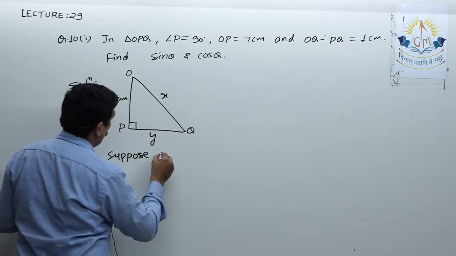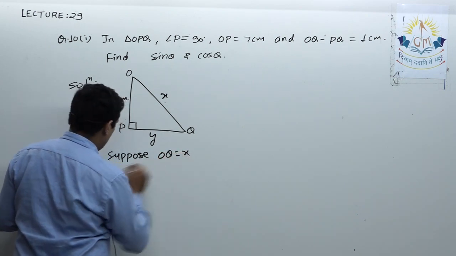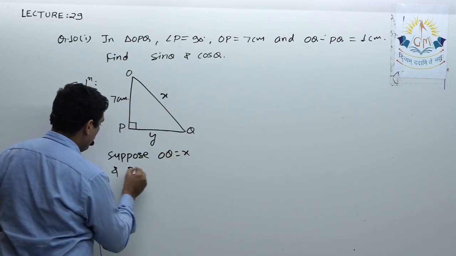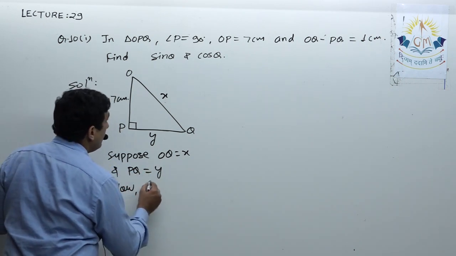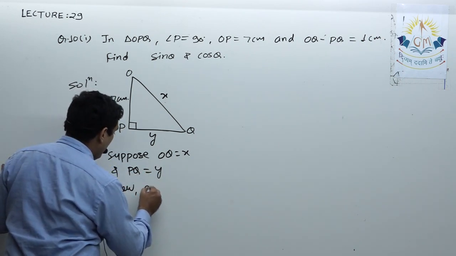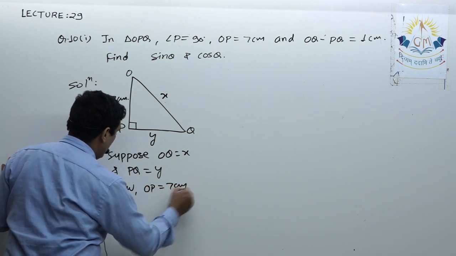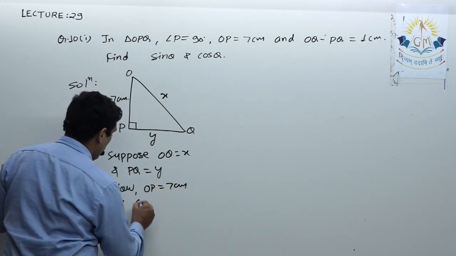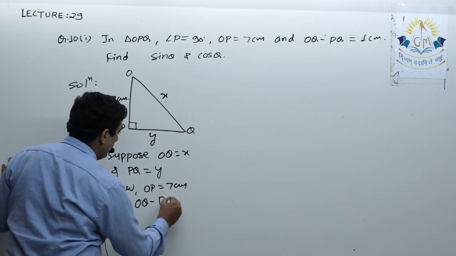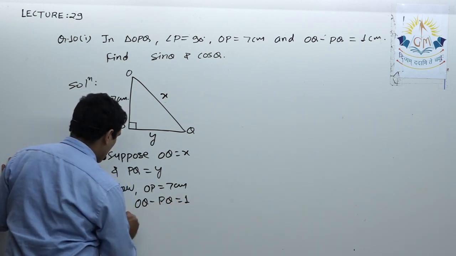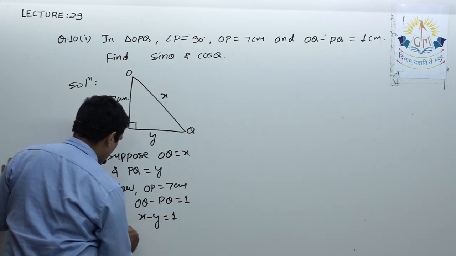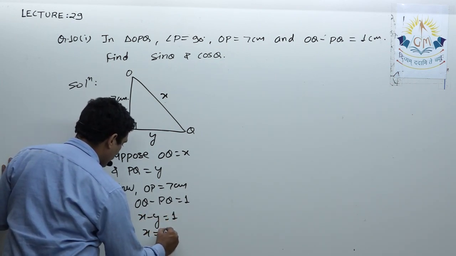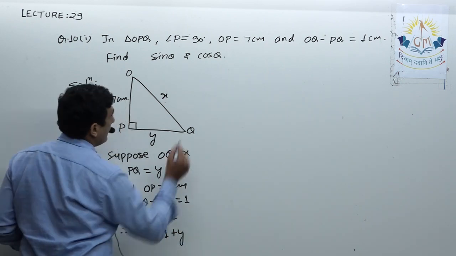Suppose OQ is equal to X and PQ is equal to Y. It is given that OP equal to 7 centimeter and OQ minus PQ is equal to 1. Therefore X minus Y is equal to 1, therefore X is equal to 1 plus Y.